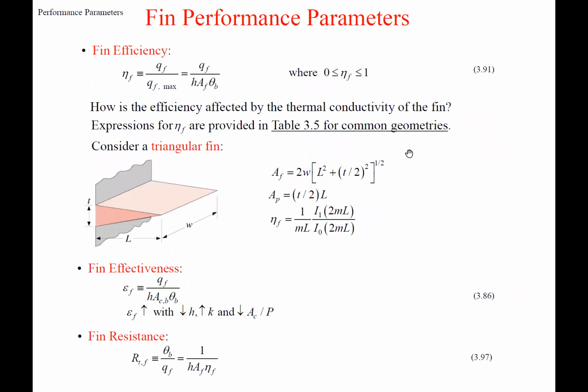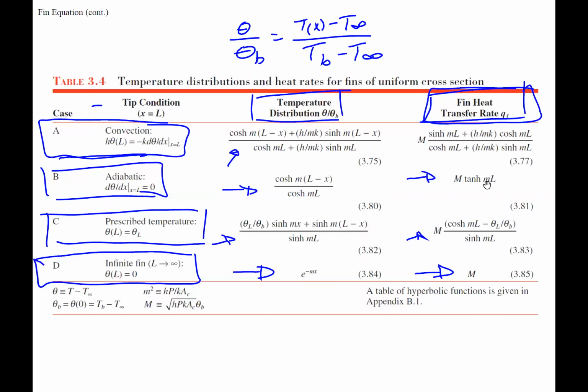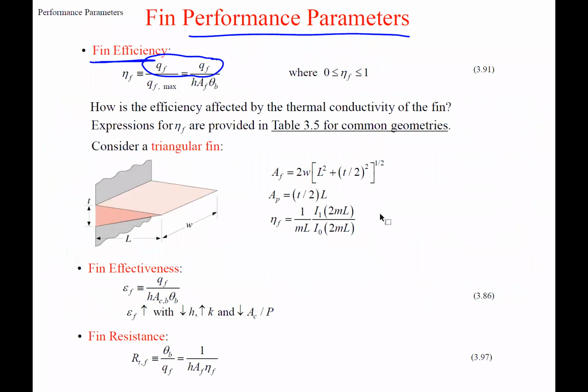All right, so then we have performance parameters. The first is the fin efficiency. That is your actual heat coming off in the numerator, from the equation you see right here. And the denominator is Q max off of that fin.